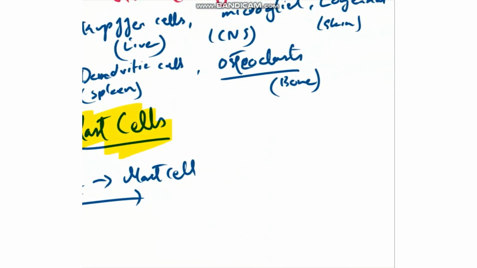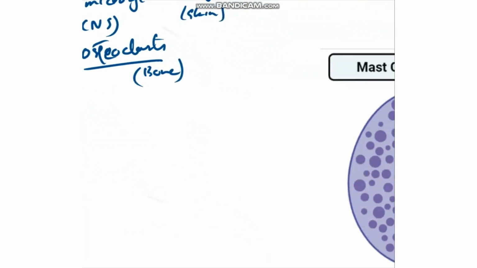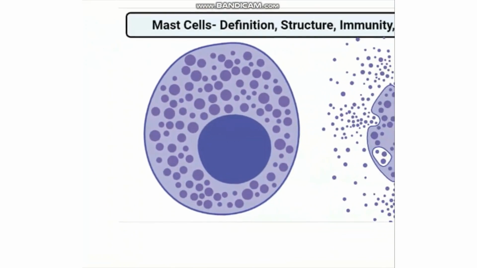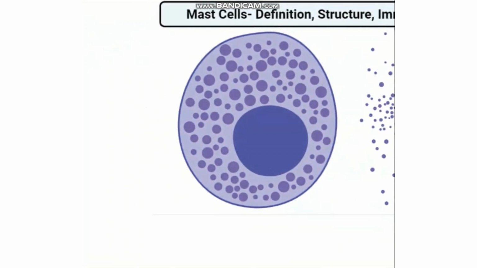As far as the histology is concerned, let me just show you a picture of a mast cell right here. So this would generally be how a mast cell looks. It has a circular nucleus, usually centrally located, and has a very densely colored cytoplasm. You can see over here. So it's basophilic. Basophilic means it would be attracted to a basic dye.